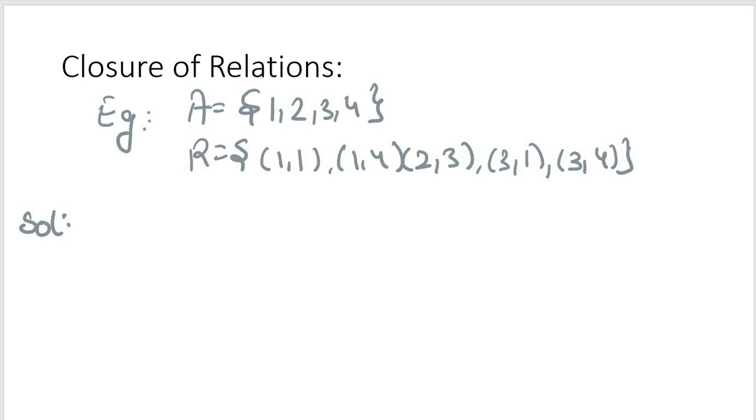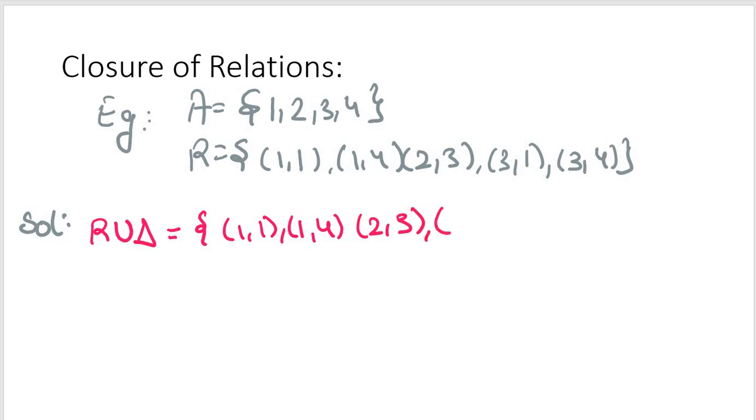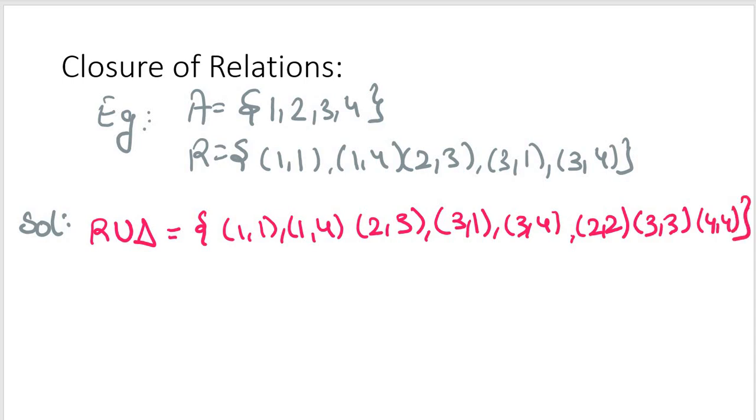For identifying our union delta, that is your reflexive closure, I am simply going to add, first of all, R, and then I'll see whether 1 comma 1 is already there, so I'll skip it. 2 comma 2, I'll add 2 comma 2, 3 comma 3, and 4 comma 4, because I know reflexive, so I have to add that delta part. I am going for the union operation.